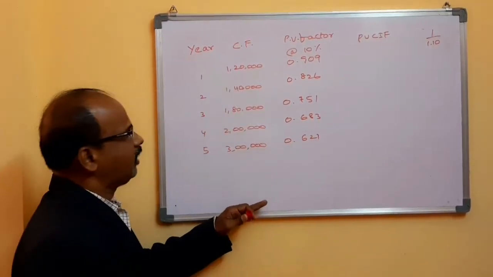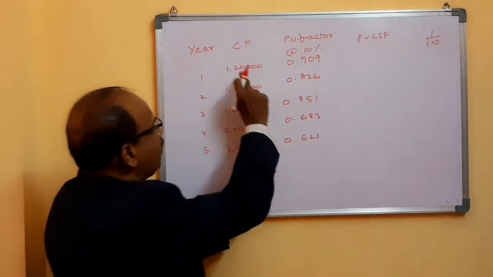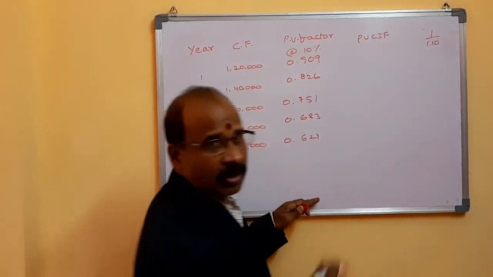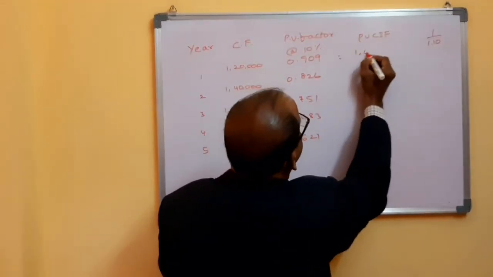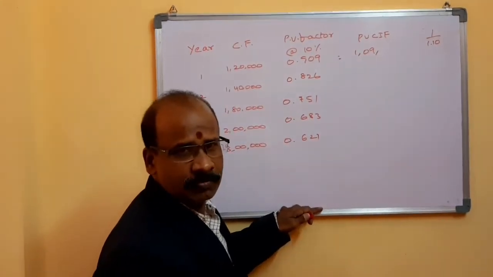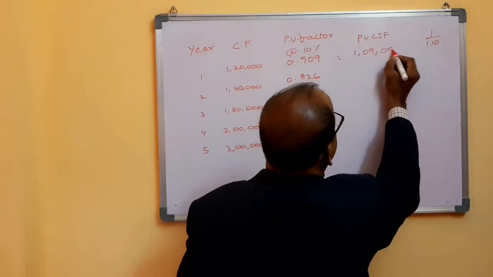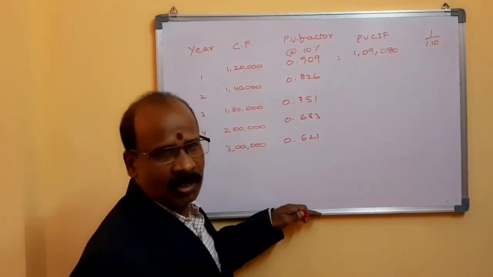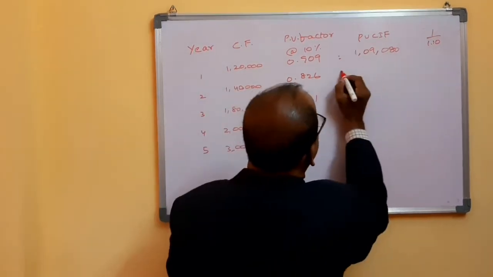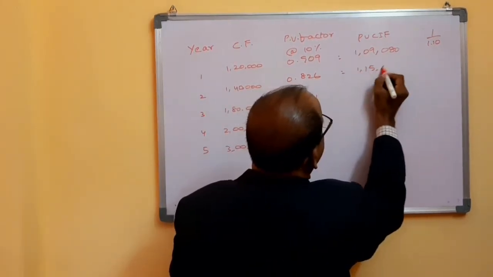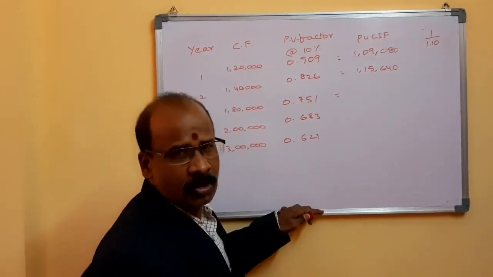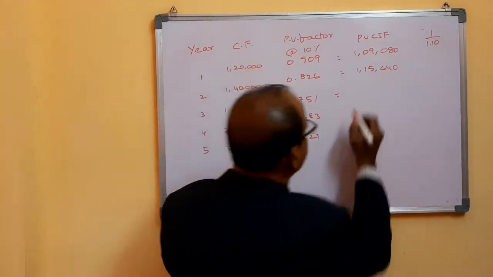Now, calculate present value of cash inflows. You multiply 1,20,000 into 0.909, we get 1,09,080 rupees. Second year, 1,40,000 into 0.826, we get 1,15,640. Third year, 1,80,000 into 0.751, we get 1,35,180.